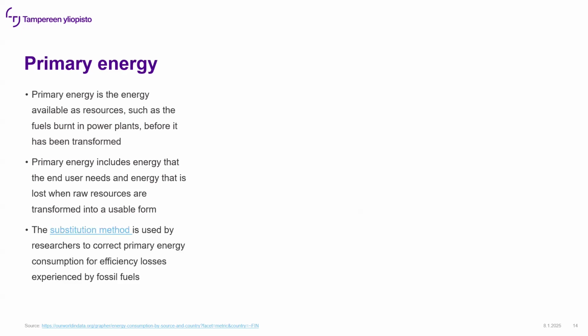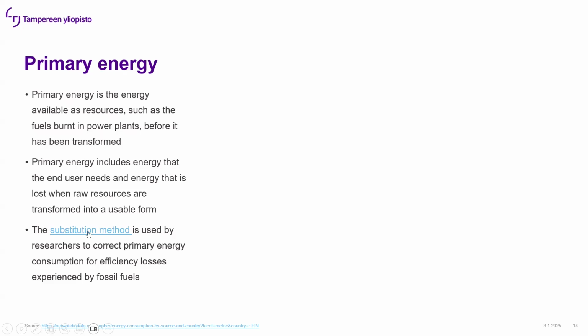So primary energy available as resources, fuels burned in power plants before it has been transformed. So that's why we don't have energy production, we have energy conversion. It includes the energy the end user needs, and some of it is lost when it's transformed into usable form.